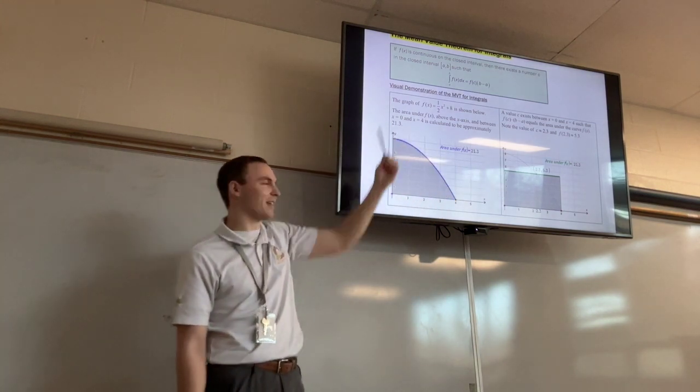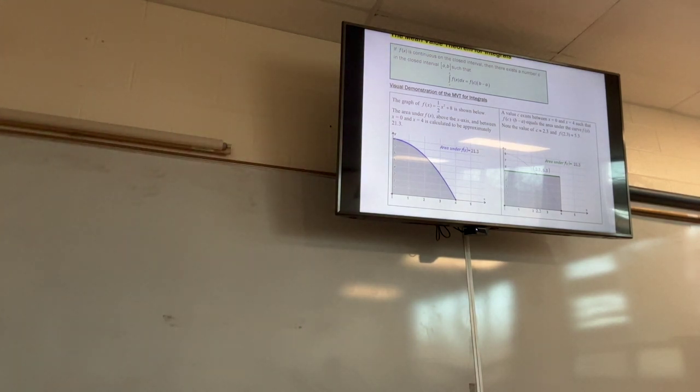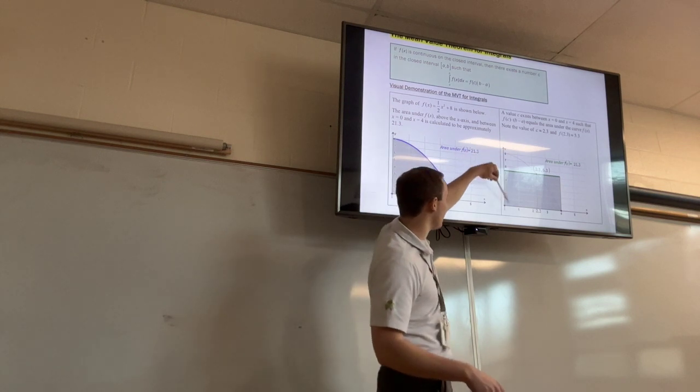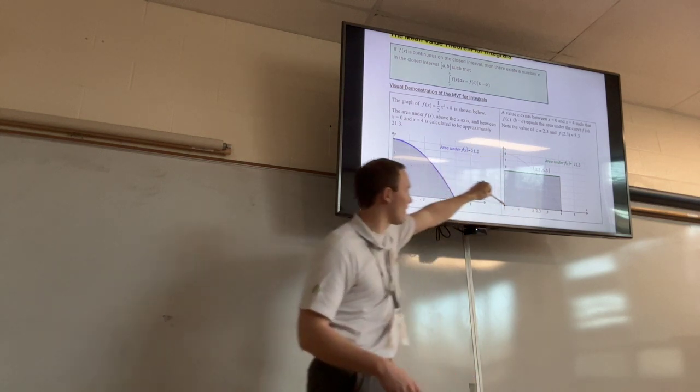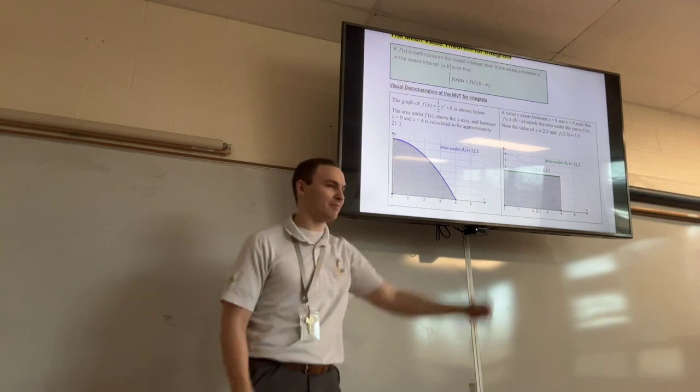Is that better? Okay. It's tough. Right, so that's what that says. That number exists. There's some rectangle whose height is between 0 and 8 and whose width is 4 with the same area as the integral of this function from 0 to 4.